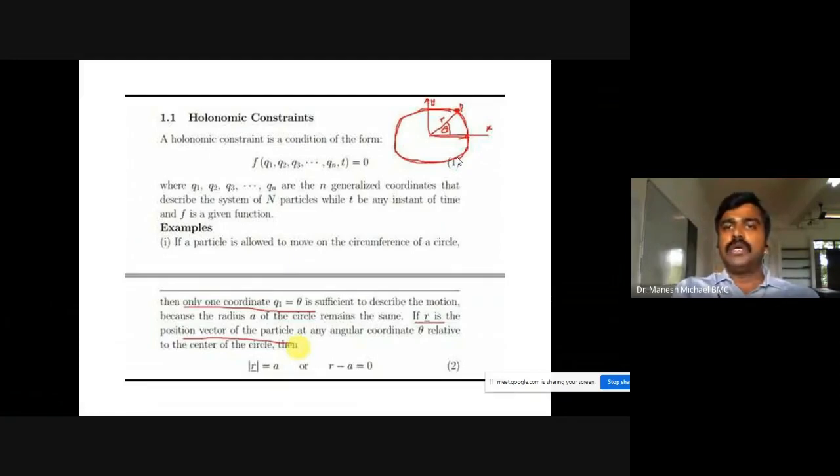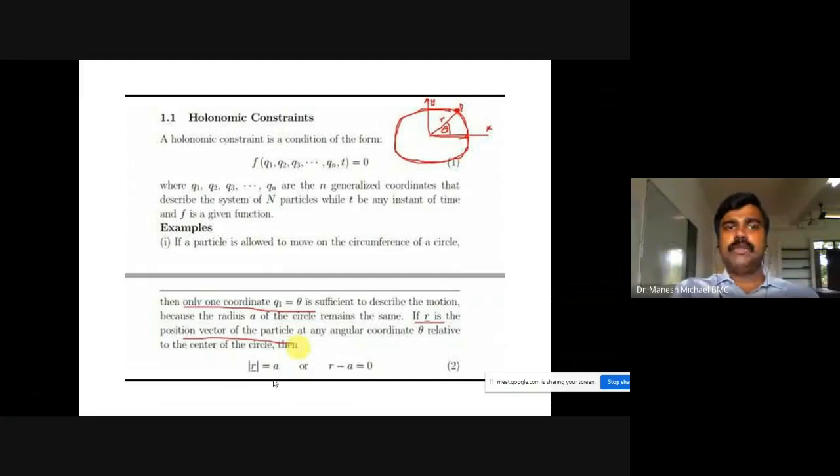Such constraints, which can be represented using an equation, are known as holonomic constraints. Here R is the position vector and A is the radius. Then you can write the condition R equal to A, or R minus A equal to 0. That is one example of a holonomic constraint.